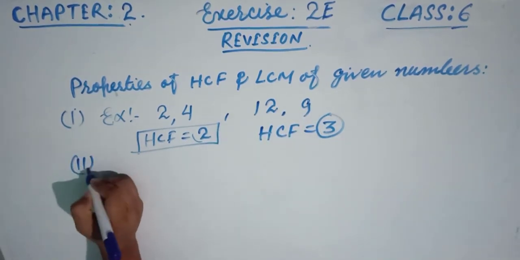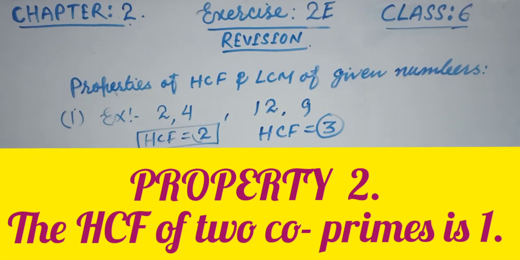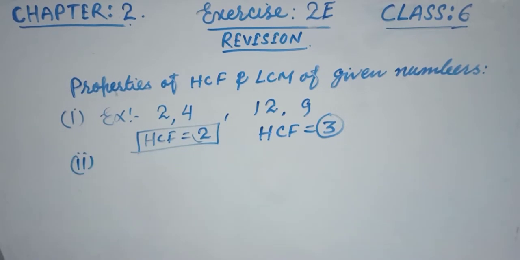Now come to the second point. The second point says, friends, the HCF of two co-prime numbers is 1. And you know, friends, co-prime numbers: two numbers are said to be co-primes if the HCF of the two numbers is 1.